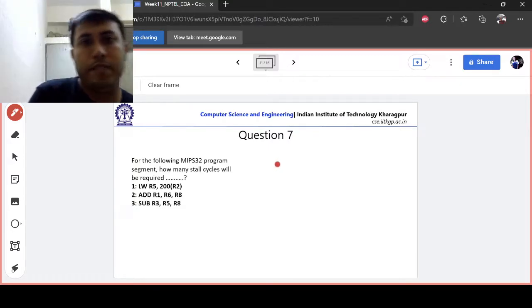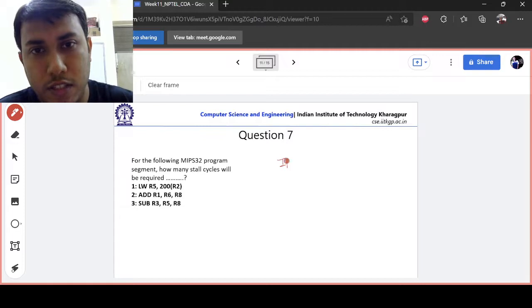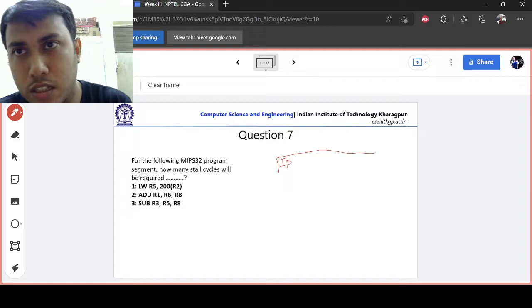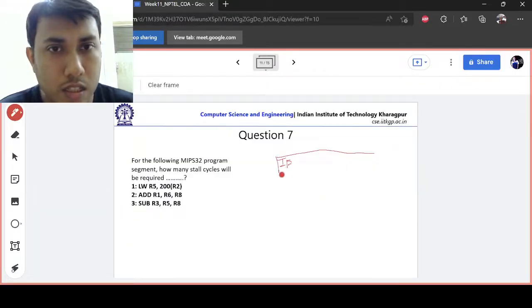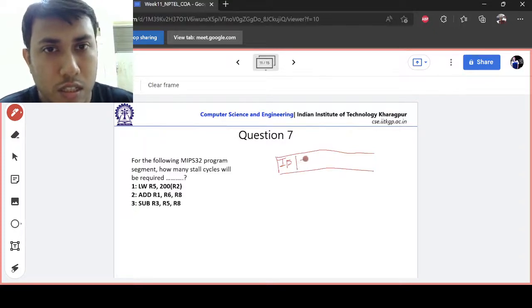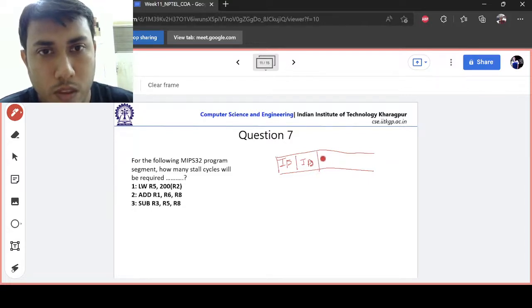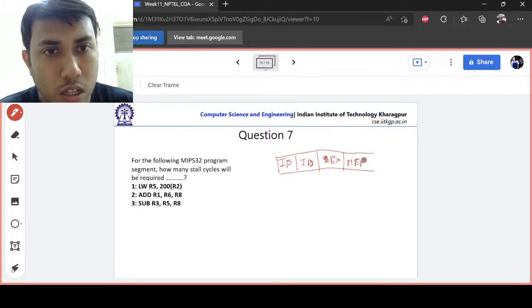So what are the 5 stages of pipelining? One is instruction fetch, instruction decode, execution, memory, write back.